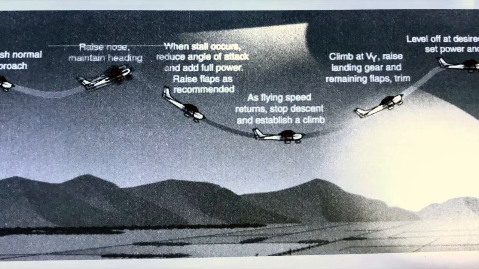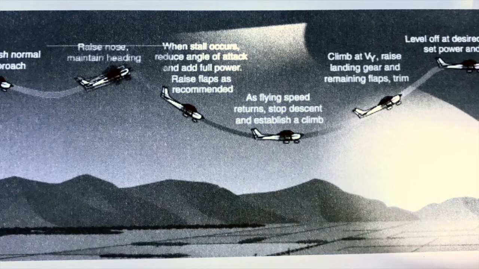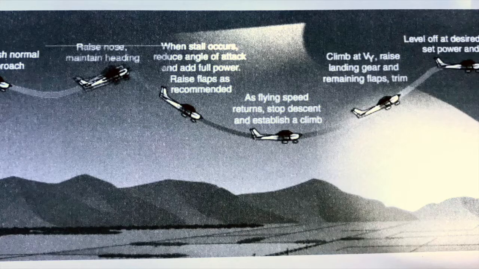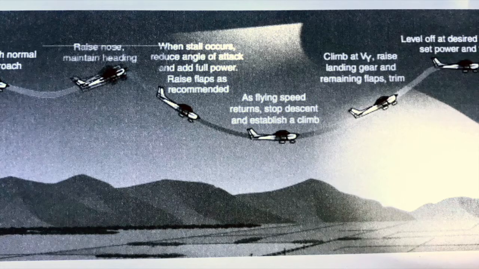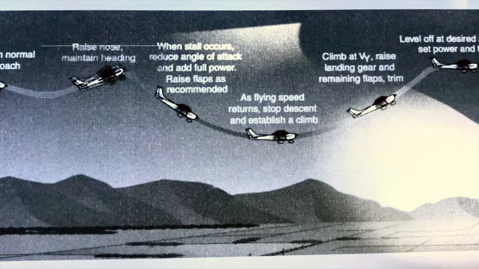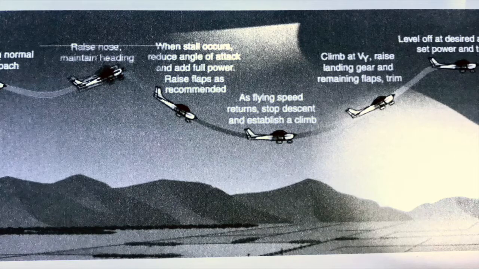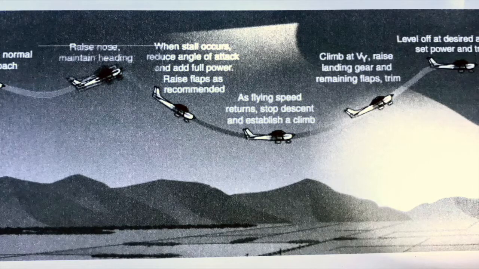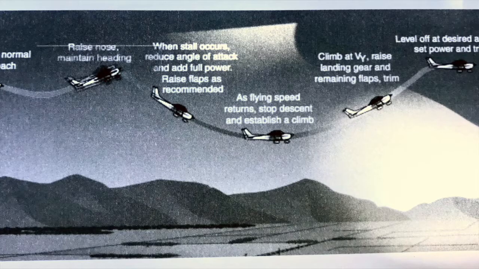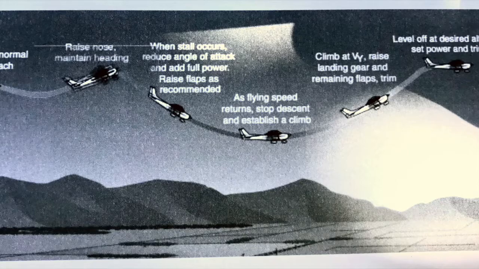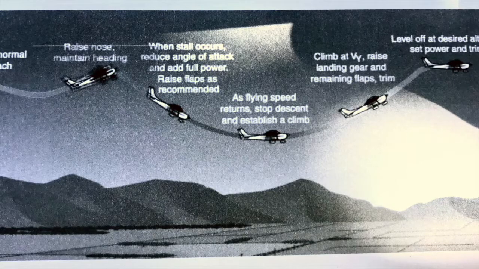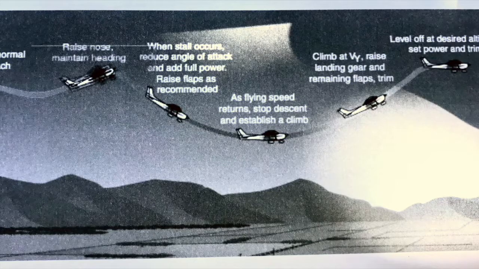Power off landing stall recovery. Conditions of flight: recover no lower than 1500 feet AGL. Procedure: this is where you learn how to go around or execute a balked landing.